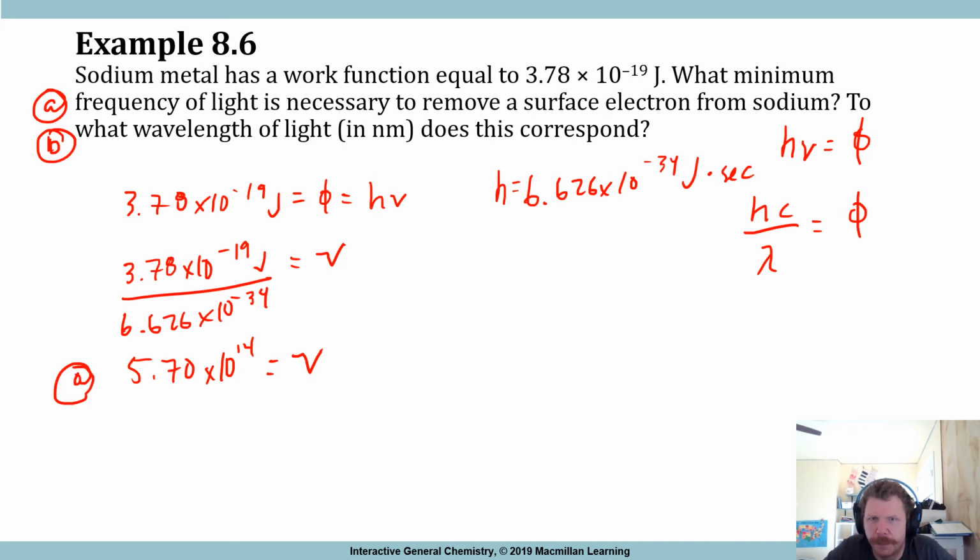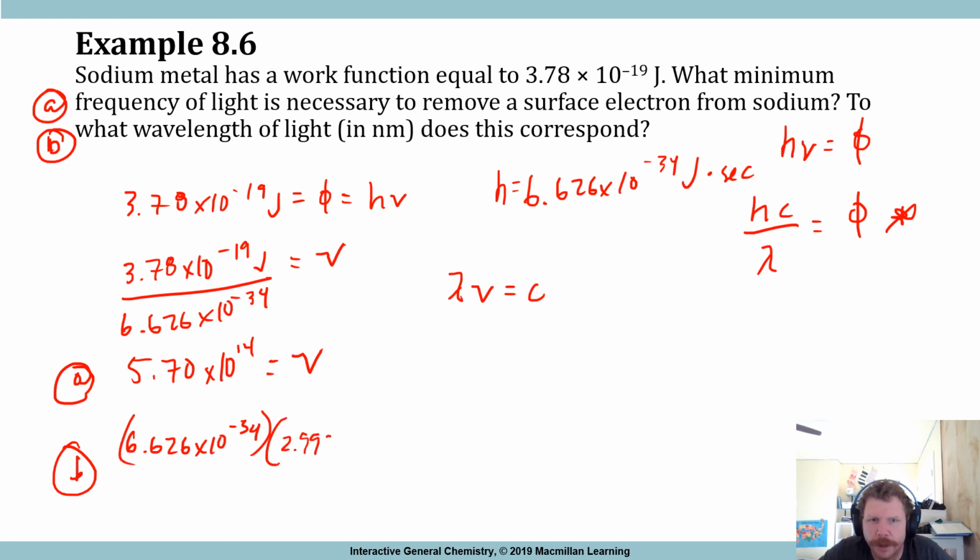But this doesn't solve for B. However, I could plug it into my equation of lambda times frequency equals the speed of light, c. Or I could just use this equation right here with it all piled into that. So for B, h is 6.626 times 10 to the negative 34th, multiplied by 2.998 times 10 to the 8th.